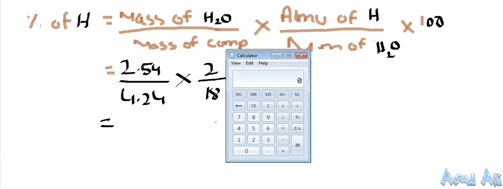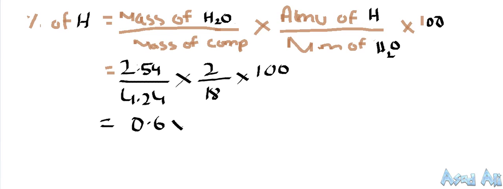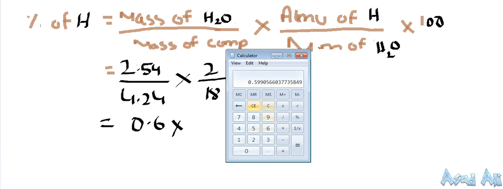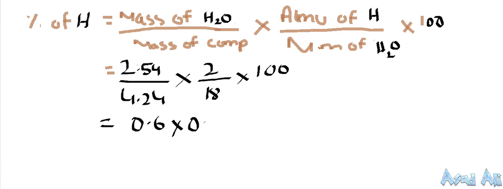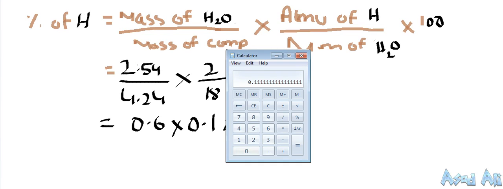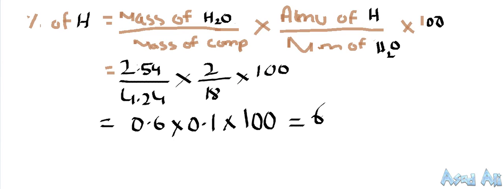I should have minimized the calculator. My bad. 2.54 divided by 4.24 becomes 0.6, and then 2 divided by 18 is 1 divided by 9, 0.1, multiplied by 100. 0.6 multiplied by 0.1 multiplied by 100, so it's 6.67 percent hydrogen.